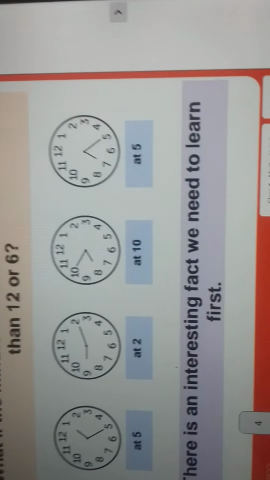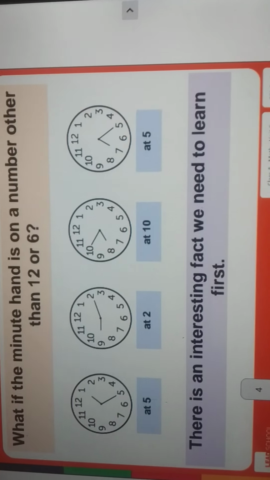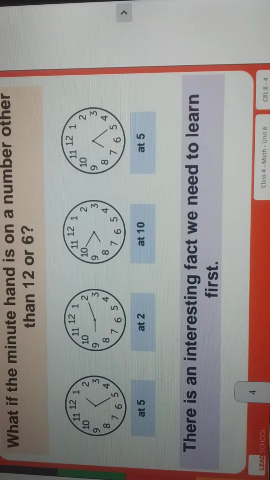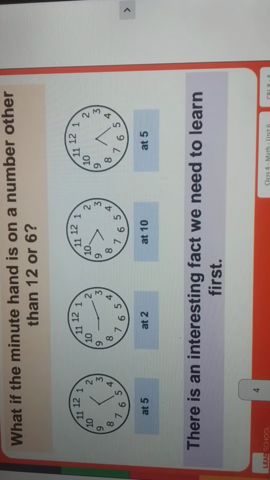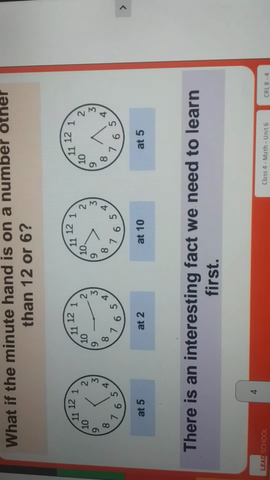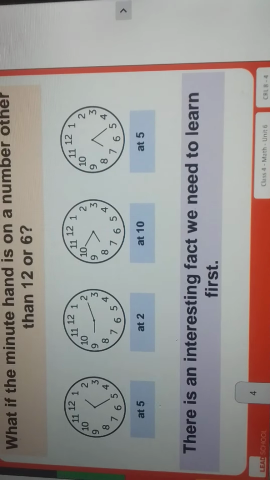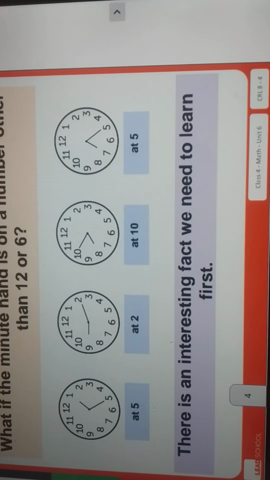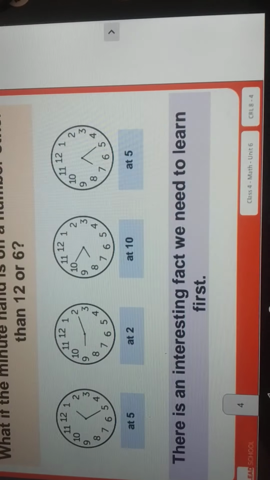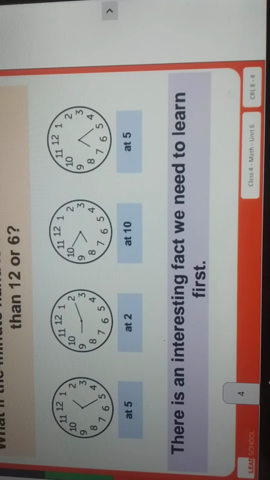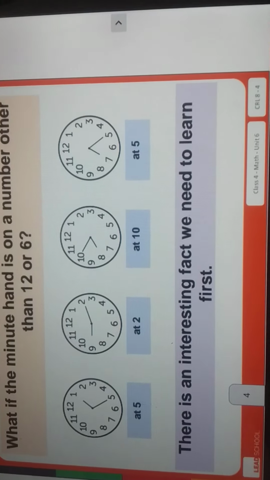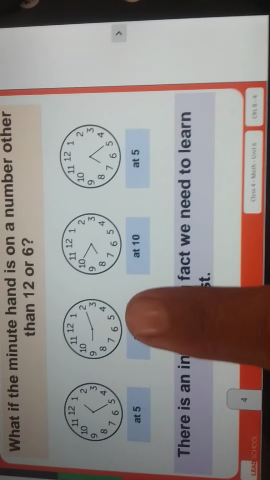What if the minutes hand is on a number other than 12 or 6? It is not on 12 and 6, but at a different place. For example, look, first a clock is there. In that first clock, the minutes hand is on the number 5.